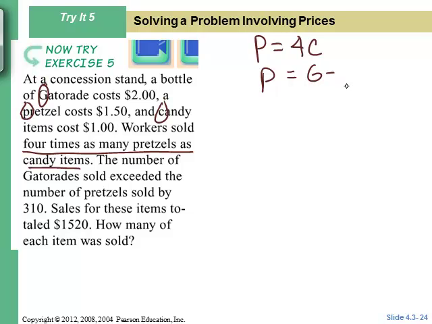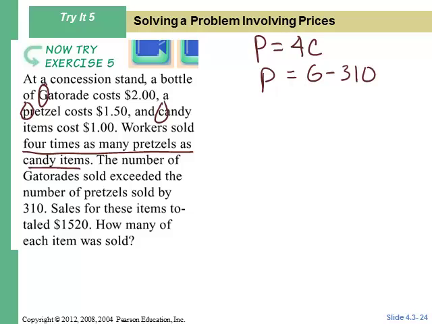Gatorade sold exceeded the number of pretzels sold by 310. It says workers sold 4 times as many pretzels as candy. Number of Gatorades sold exceeded the number of pretzels sold by 310.